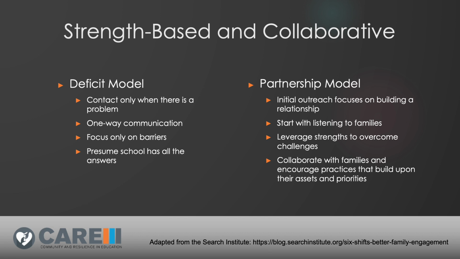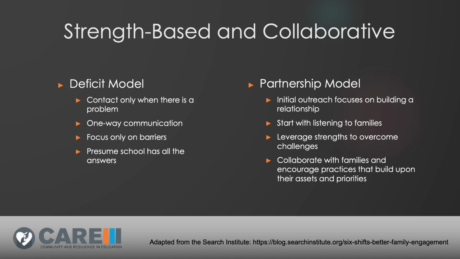So in our work with families, and this definitely applies to what we think about kids missing school, is shifting our perspective from a deficit model to a partnership model. So we want to focus on being strength-based and collaborative. So from the deficit model, and again, we can talk about this specifically with attendance, but it holds true for other educational indicators of success.